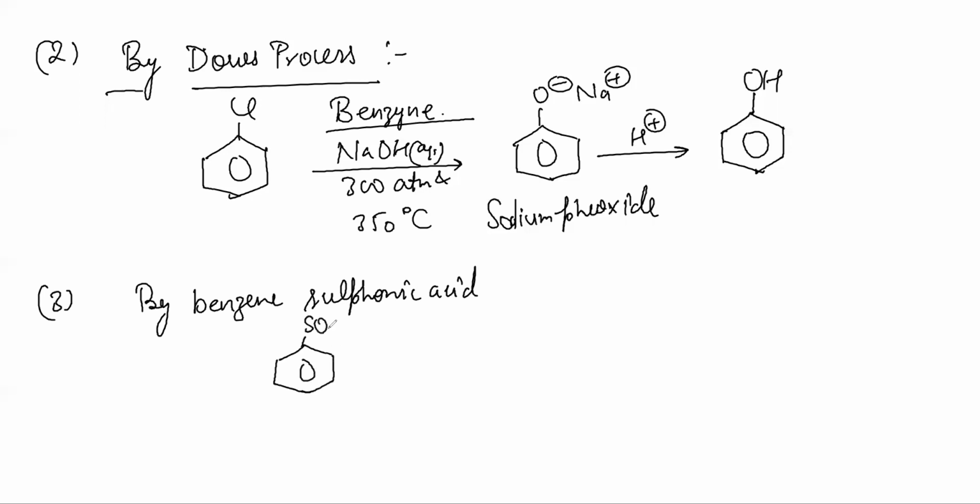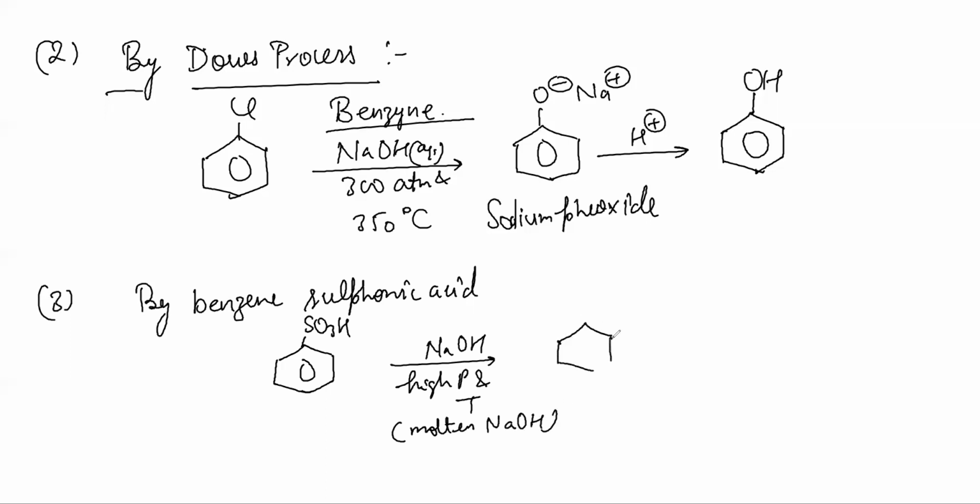Again, we use the very same thing, NaOH, at very high pressure and temperature. Or if you wish, you can use molten NaOH. That will be better. First of all, this SO3H is replaced and we get O minus and Na plus.